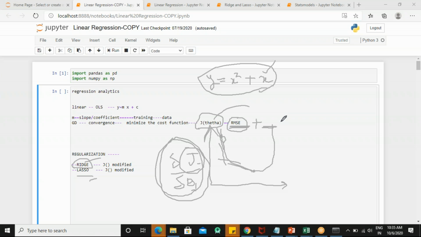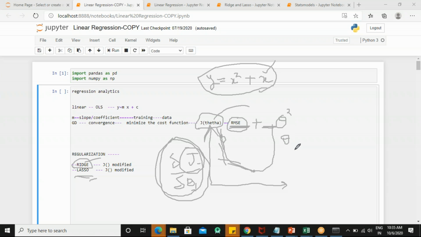In ridge, it is nothing but, you can say for now you can assume that if theta is your coefficient, it is theta squared. OK, that's it. So what I am doing here is just adding theta squared, which is my coefficients. I'll tell you the reasoning behind it. Similarly, if it is lasso, it is not theta squared, rather it is only theta.